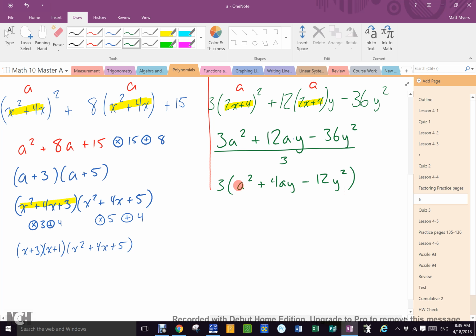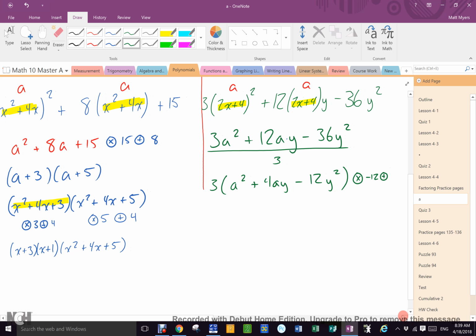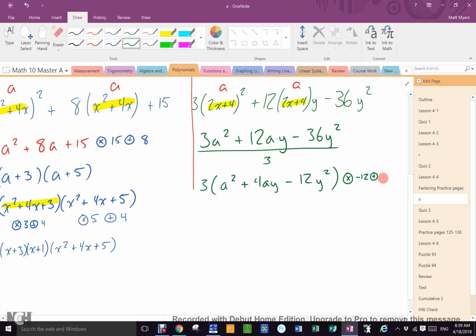Okay. Does this look like everything else we've factored? Doesn't it? So I need numbers that multiply to what? What kind of 12, Ryan? Negative 12. And add to what? 4. Is it 1 and 12? Is it 2 and 6? Yes.